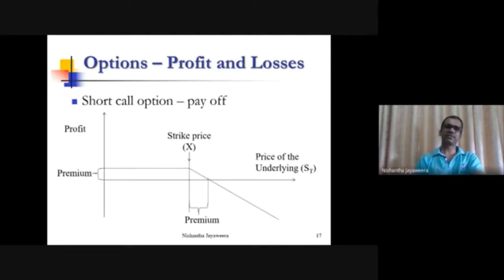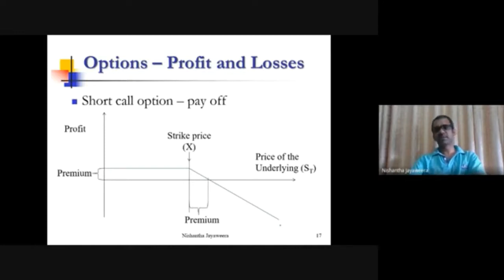That difference is a loss for him, but he has already collected the premium. The difference is the profit or loss. Whenever the spot price goes above the strike plus premium level, definitely the seller makes a loss. It goes down.